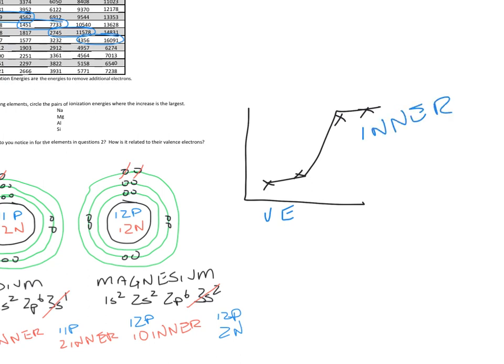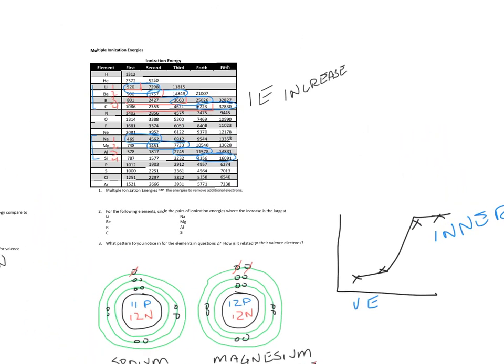So I could look at this and say, whatever element this is, it has 2 valence electrons because we look for a large increase. And on test questions, you'll either be looking for where the large increase occurs using numerical data or graphically. So the last question that you need to answer is to paraphrase in your words why there's this big increase after you've run out of valence electrons.